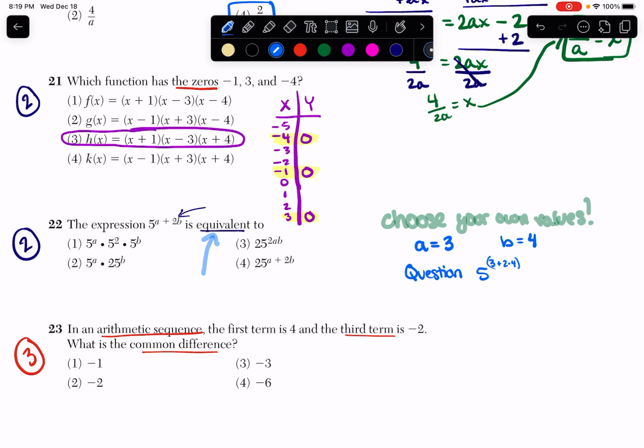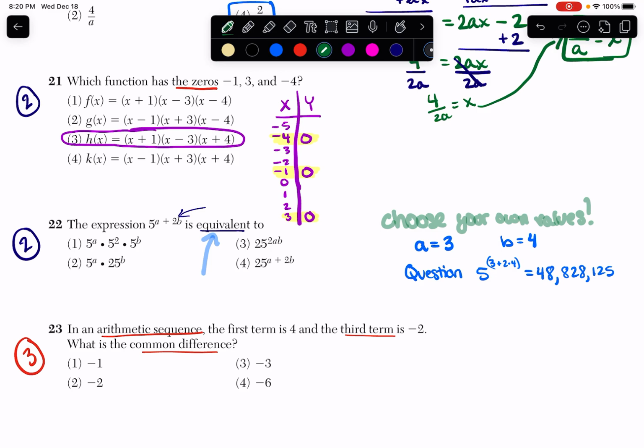And remember, I chose those myself. When I typed that in, I got this huge number, 48,828,125. So when a is 3 and b is 4, the question gives me 48,828,125.